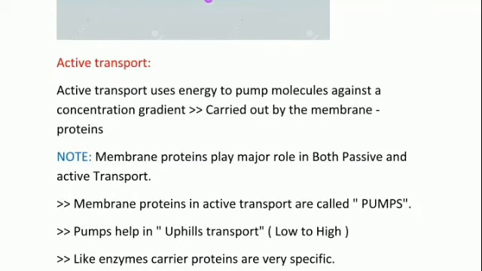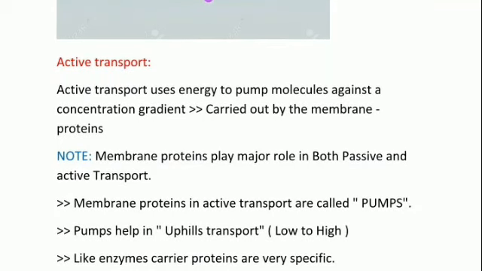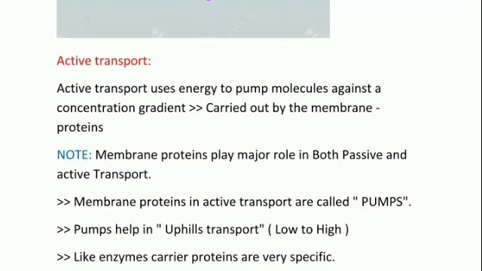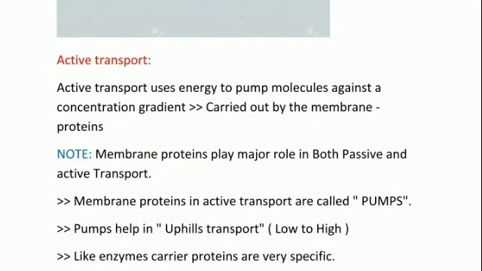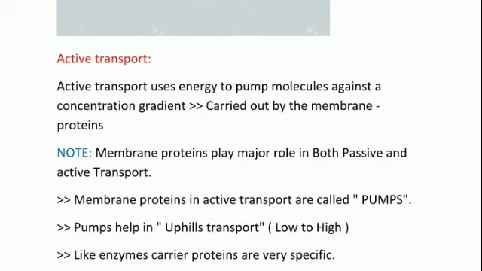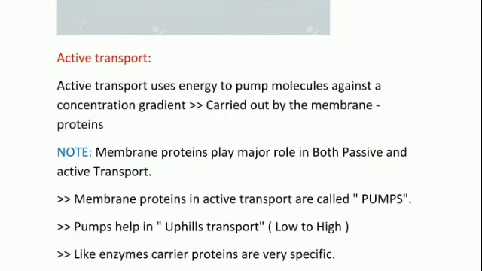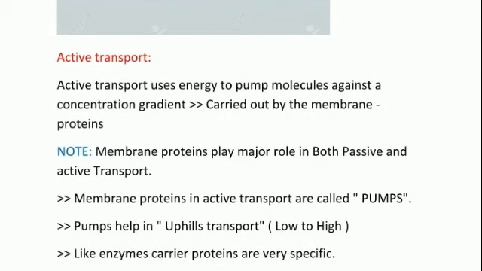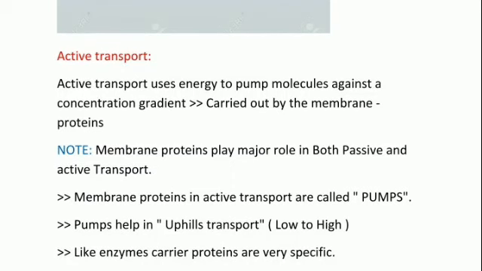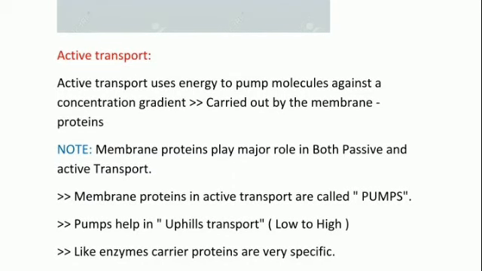Active transport. Active transport uses energy to pump molecules against a concentration gradient. Against a concentration gradient means from the region of low concentration to the region of high concentration. Here the active transport is carried out by some membrane proteins.